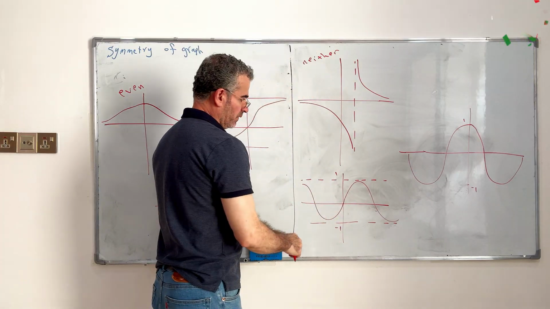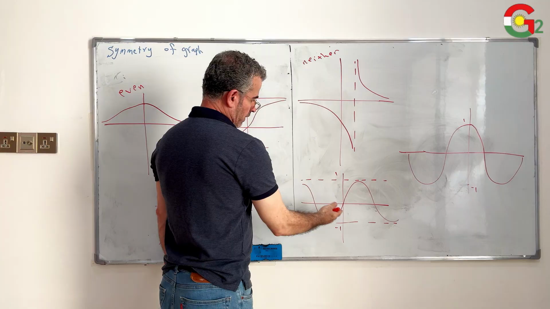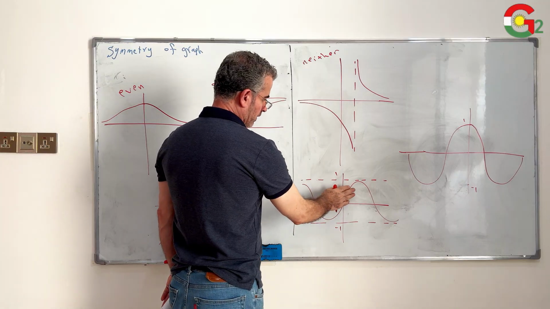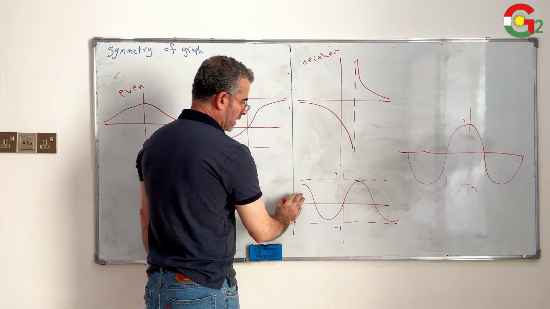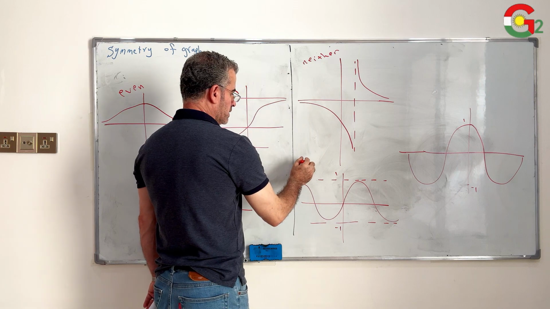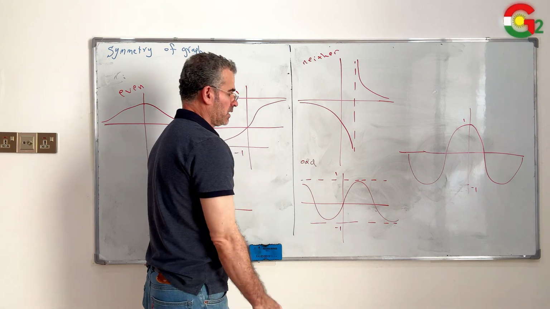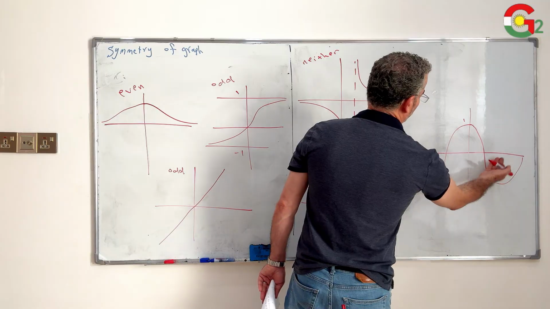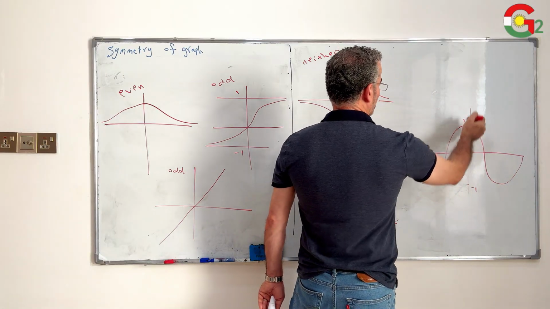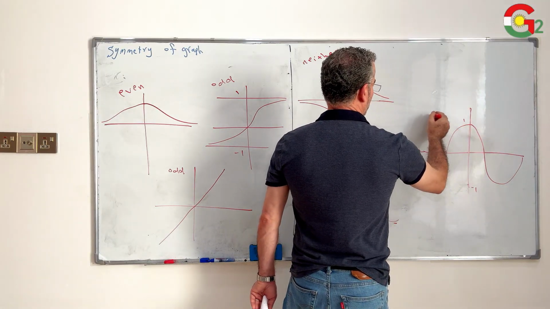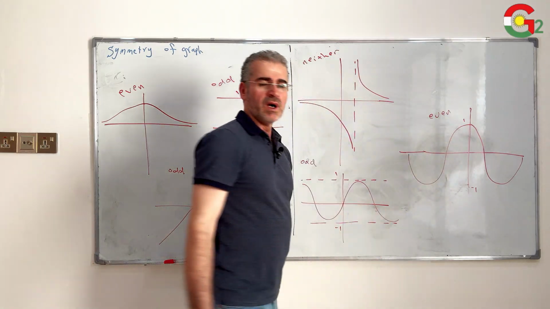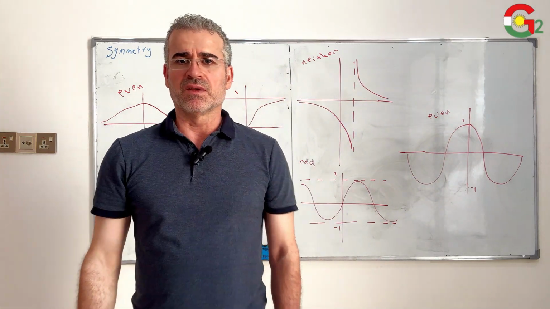For this graph, if I flip it by the x-axis then by the y-axis, it matches, so it is odd, and if I flip the right to the left by the y-axis, the two halves match, so the graph is even.